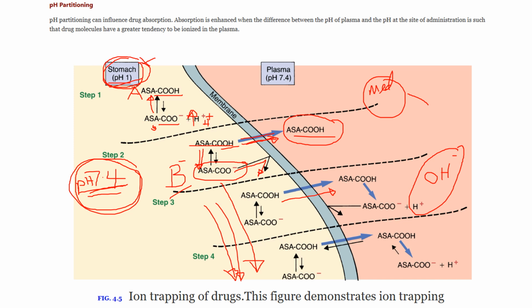And so this forward reaction that ionizes aspirin to the B minus form is preferred. And so now a lot of the aspirin that started out as the A form is converted to the B minus form, and that form is unable to cross the membrane back into the stomach area. And so guess what? We say that aspirin is now pH trapped in the plasma, meaning it cannot go back to where it started from. Thank you. Just an example.